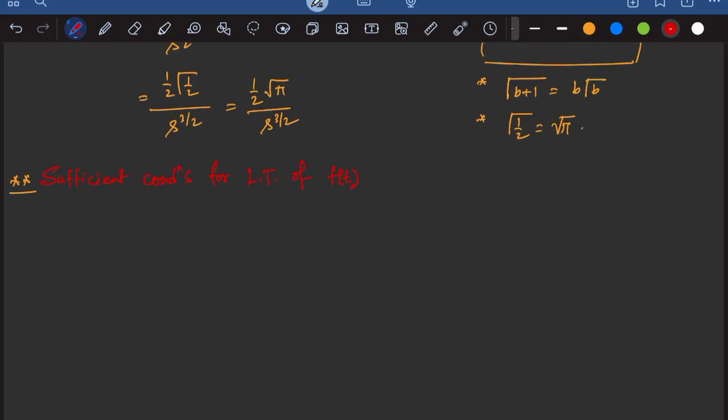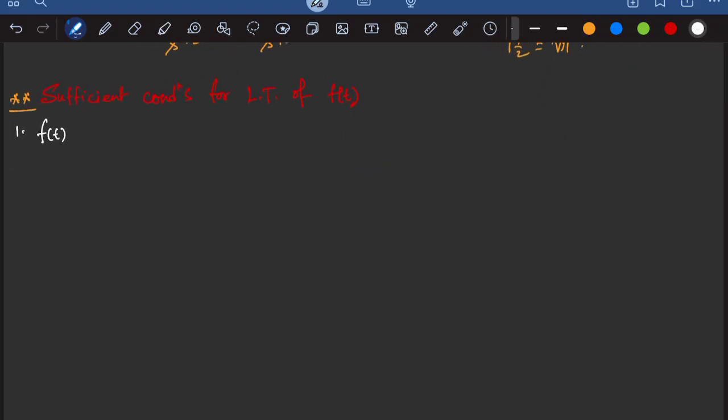The first condition is that the function f(t) is piecewise continuous, or in other words, sectionally continuous.